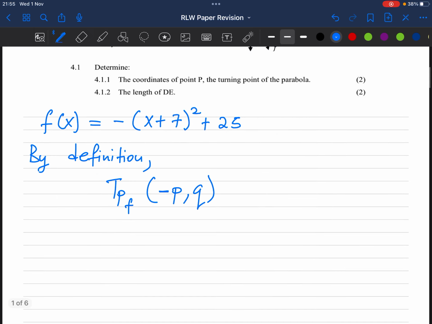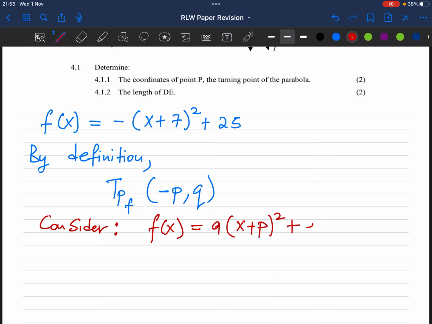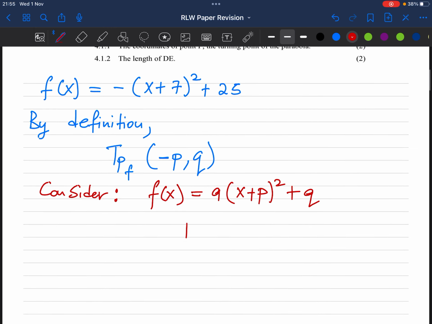But now where can we get negative p and q? If we write this function in the turning point form, it's going to be a into x plus p to the power of 2 plus q, meaning the turning point of this function f is just negative p is to q.